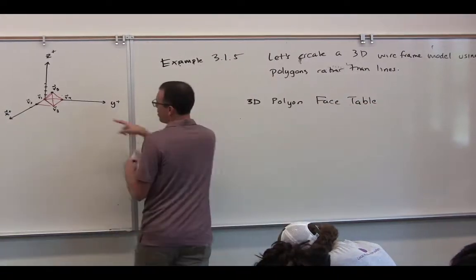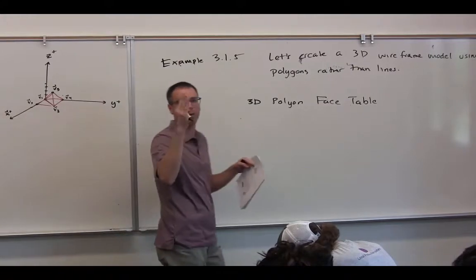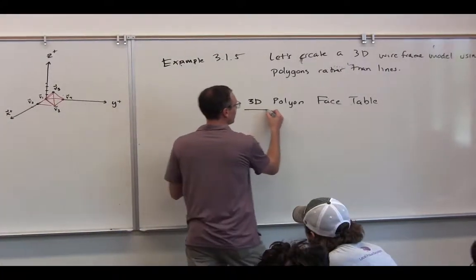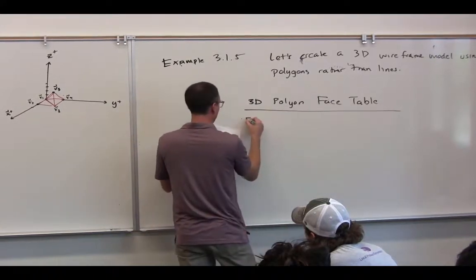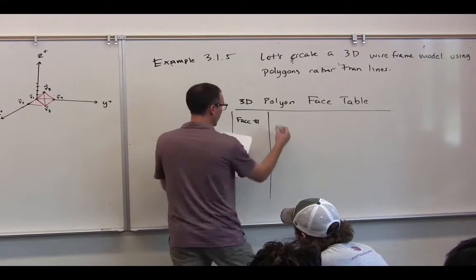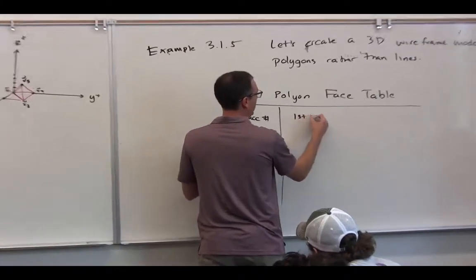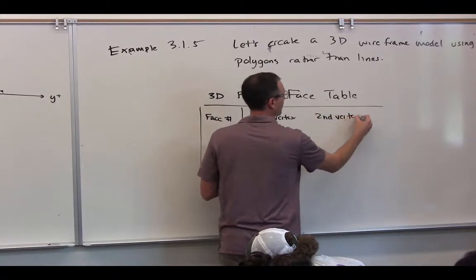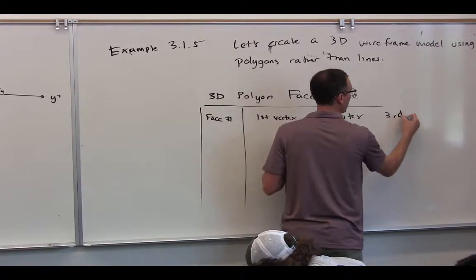Because instead of everything representing an edge, every one of those would represent a face, right? Could you guess how many faces I need now? Just count them. Yep. And we'll say first vertex, second vertex, and then third vertex.